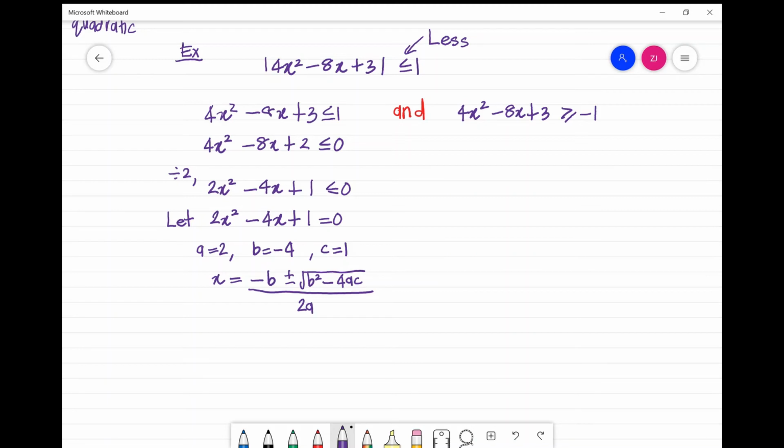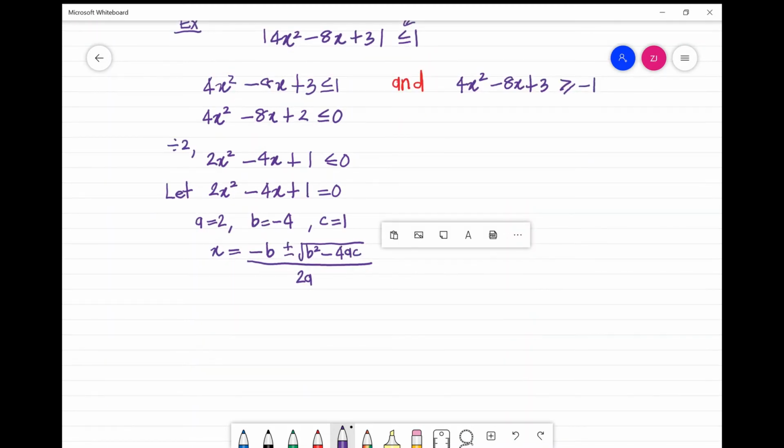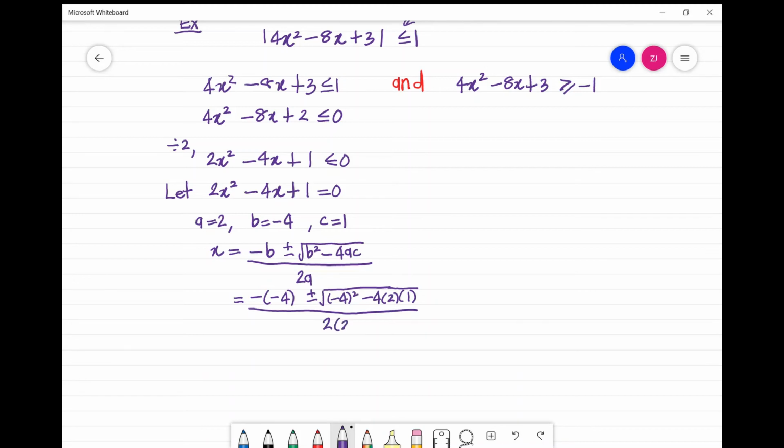Now substituting the values of a, b, c into the formula, we will have negative of -4 plus minus the square root of (-4) squared minus 4ac, divided by 2a. So we will have 4 plus minus the square root of 16 minus 8, divided by 4.